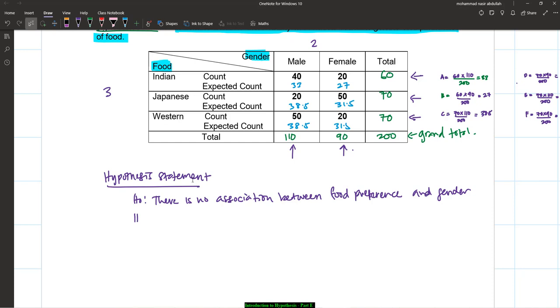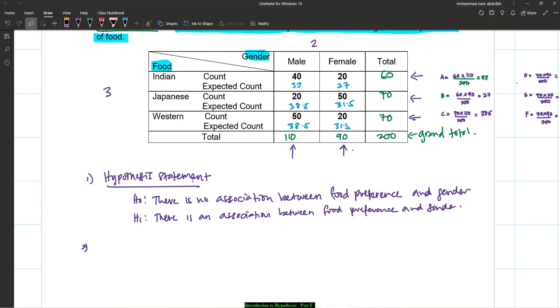For an alternative hypothesis, there is an association between food preference and gender. And then this is step number 1.